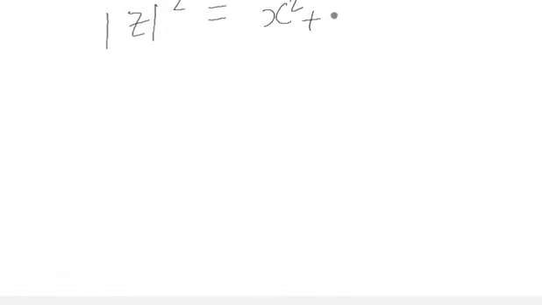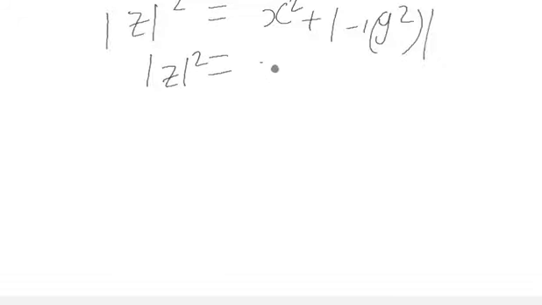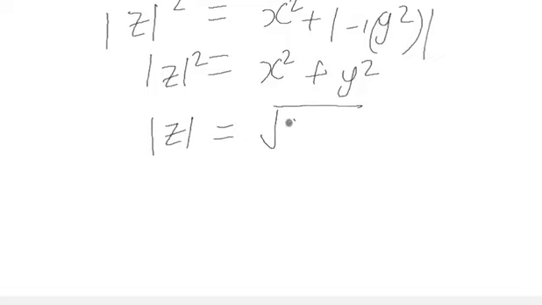So this plus minus 1 of y squared, and this one is minus, so the absolute value of minus is going to give us plus y squared. Then we introduce square roots to both sides to cancel the square. So we have something like this.